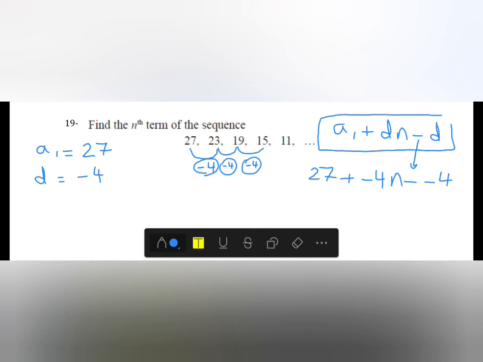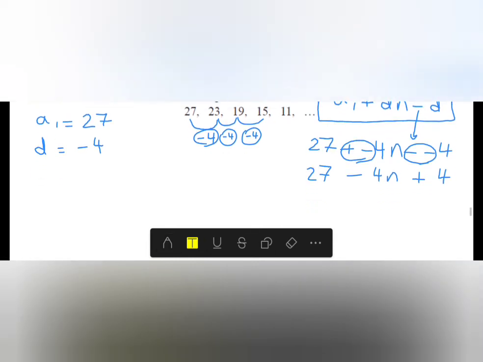Now let's continue. So here we have positive, negative. It means it's negative. And here we have negative, negative. It means it's positive. So we write the same formula with the new signs. Then 4. Now we look at the expression here, and we use like terms and work them together.